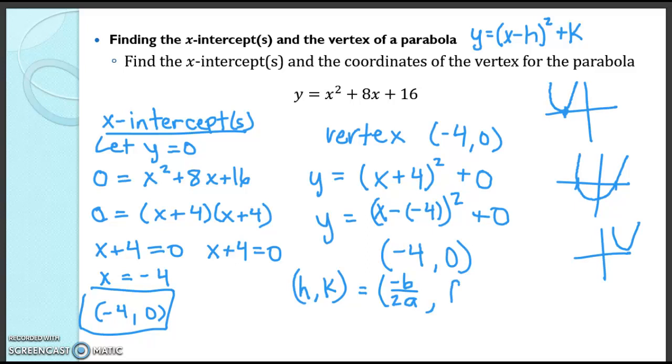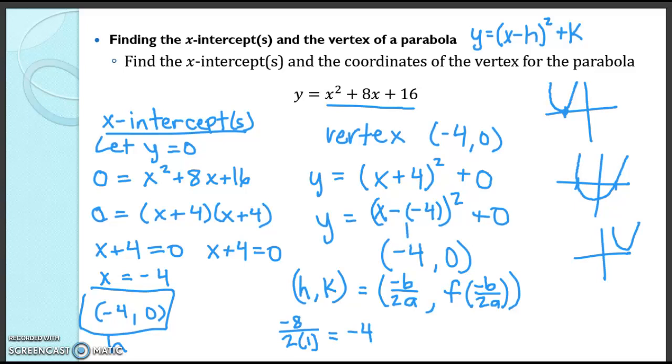And then the y value at that x value, so our output f of negative b over 2a. So what is negative b over 2a here? Well, negative b is negative 8, and then over 2 times a, where a is 1, which is going to end up equaling negative 4, which is what we got for h, both here and here.